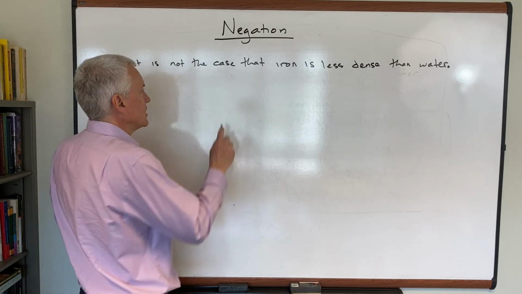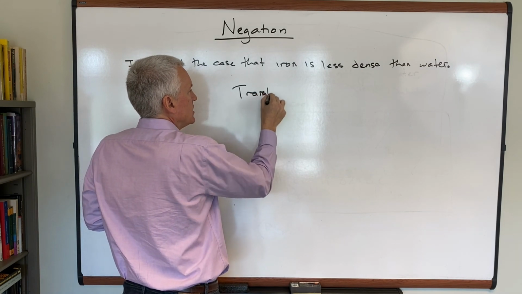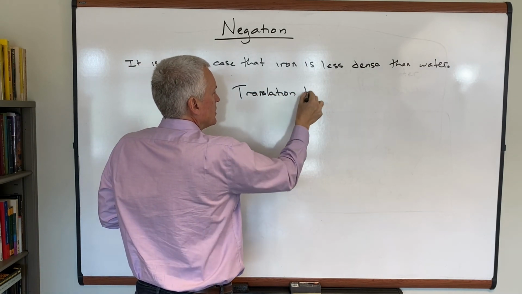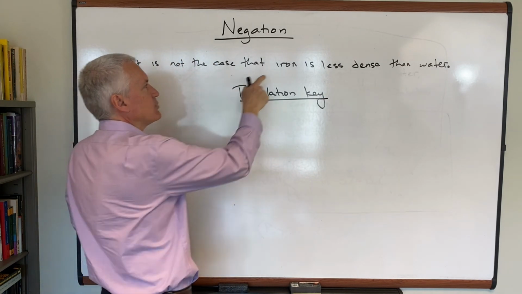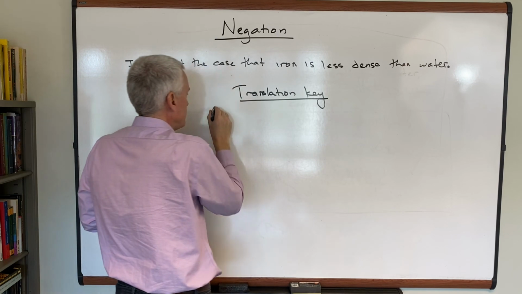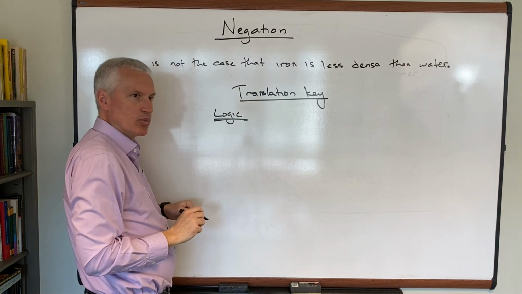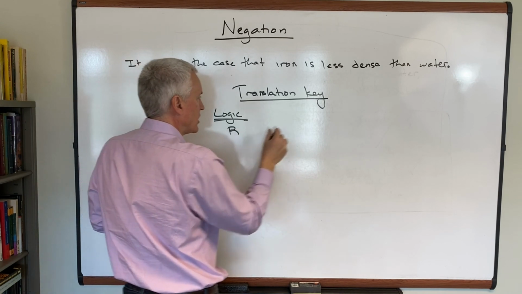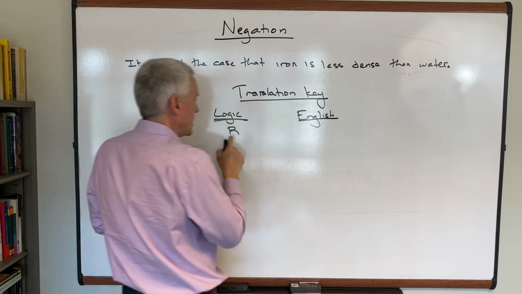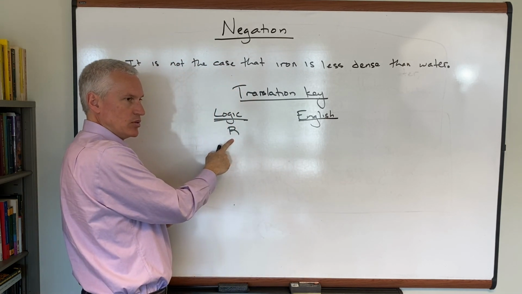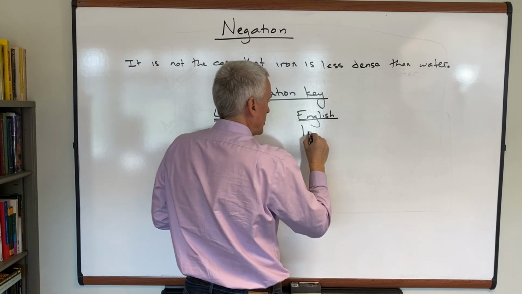Now, if I was making a translation key, as we've typically done, I would capture this atomic sentence with my logic. I think up to this point we had used P and Q, so I will use R, and I would capture this English sentence, iron is less dense than water.